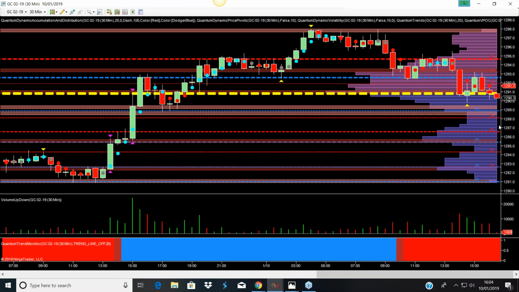I've got the 30 with gold. On Forex, it tends to be the 1-hour chart, but at least the 30 or the 50. And it's also trading around the volume point of control here on your benchmark chart. This is giving you a very strong signal that first of all, it's moving sideways. It's still oscillating around this 1291.